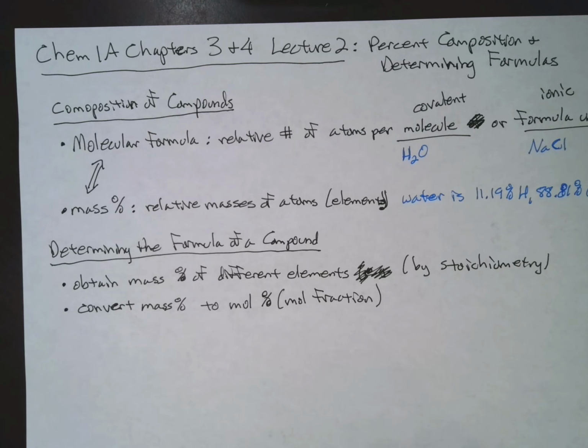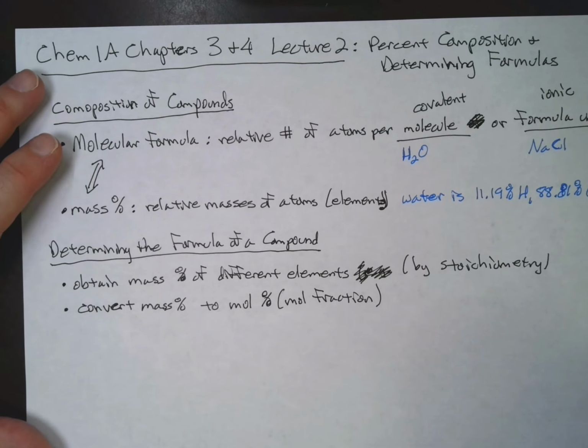Now, once you've done that, you can go ahead and get whole number ratios of atoms in a compound.